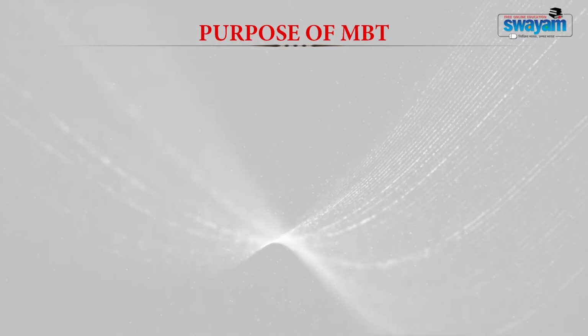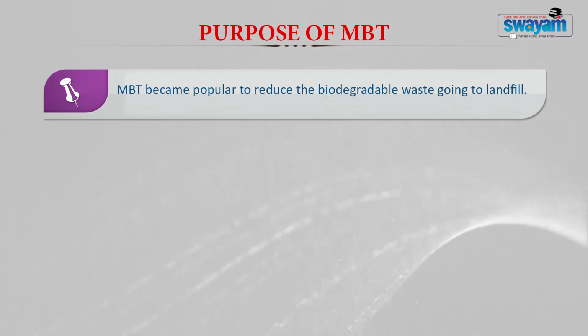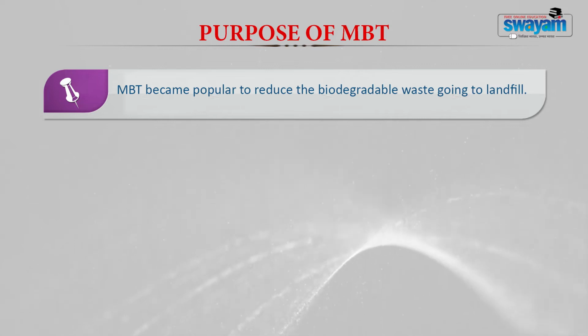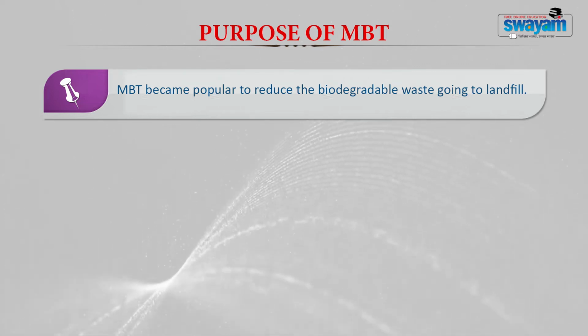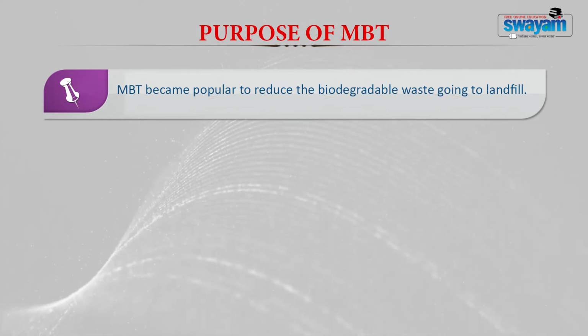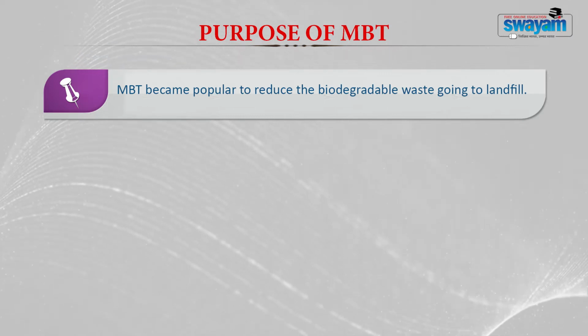Now, let us discuss the purposes of an MBT. What is the purpose of designing such a process? MBT has become popular to reduce the biodegradable waste that is going to the landfill. In the introduction itself, I told you the waste consists of a lot of biodegradable material, almost 60%. If you just dump it into a landfill or an open area, it undergoes degradation and releases a lot of landfill gases.